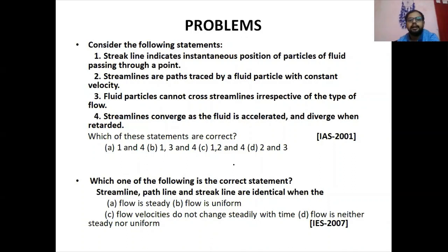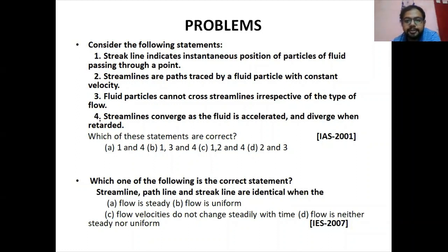Next, some statements are given and they are asking which one is correct. The streak line indicates the instantaneous position of the particles of the fluid passing through a point. A streamline is the path traced by a fluid particle with constant velocity.